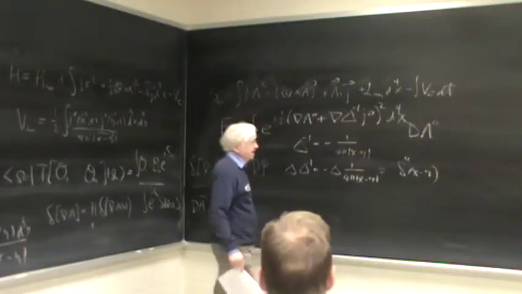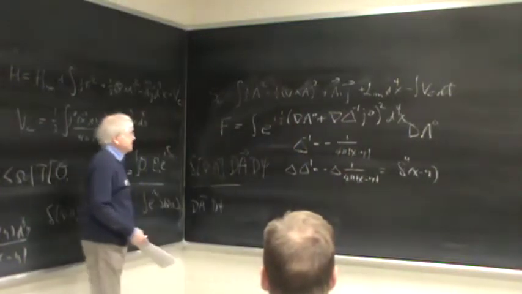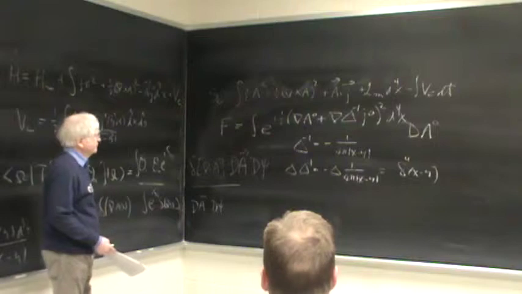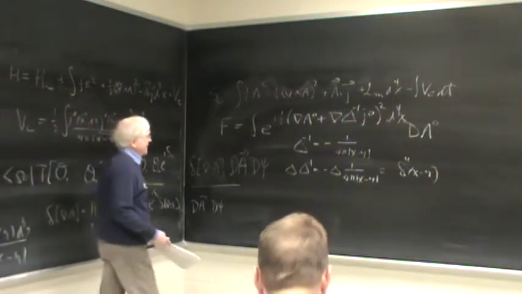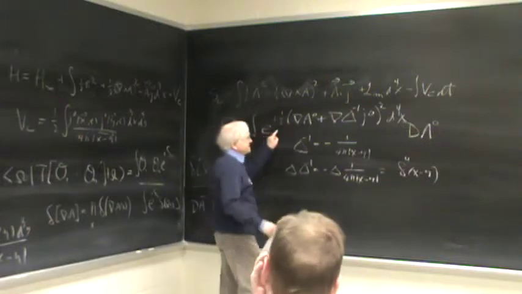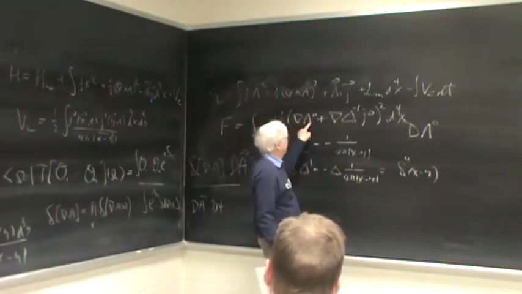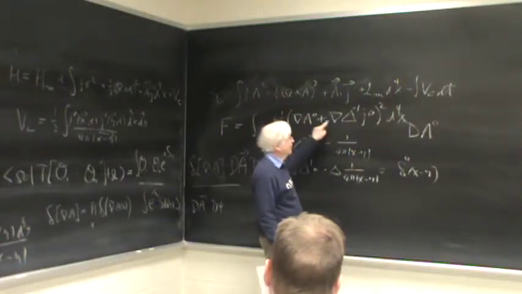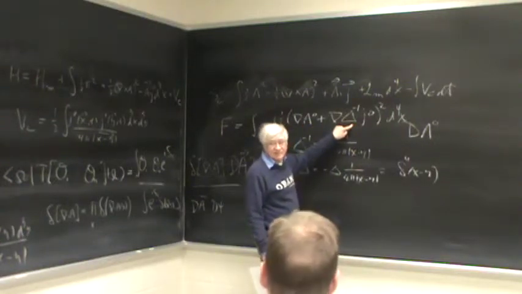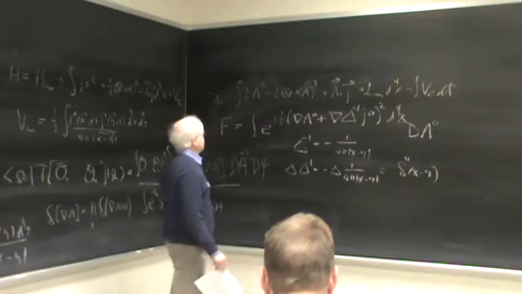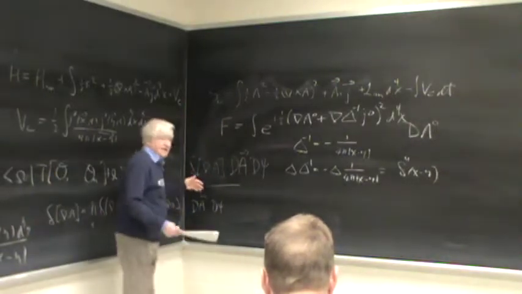So it would be some number. In fact, when you think about it, this F is really independent of J0 because you can shift A0 and cancel this term. So what we do is we multiply numerator and denominator by F.